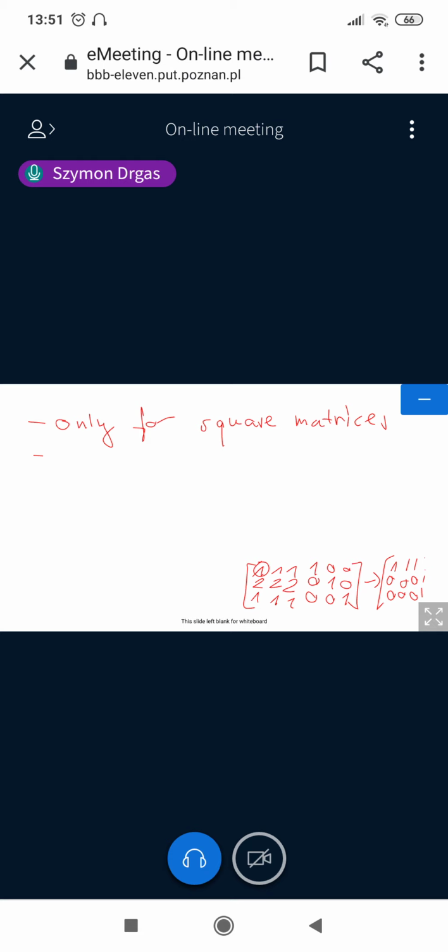So there are invertible matrices for which you can find inverse matrix, and there are also non-invertible matrices, and for these matrices you cannot compute inverse matrix.